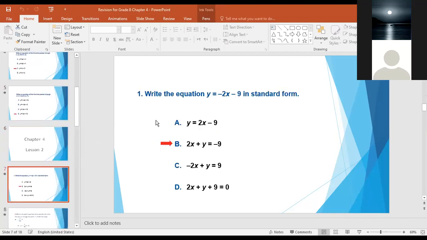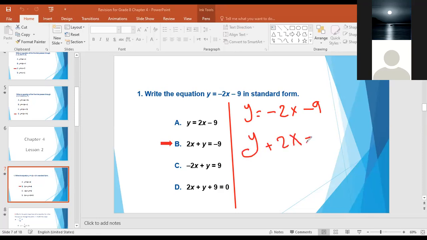This question, this one, we will rearrange it. It will be 2x plus y equals -9. Just the standard form, the same as this one but in a different order. So y equals -2x minus 9, just reorder it to y plus 2x equals -9, then 2x plus y equals -9.